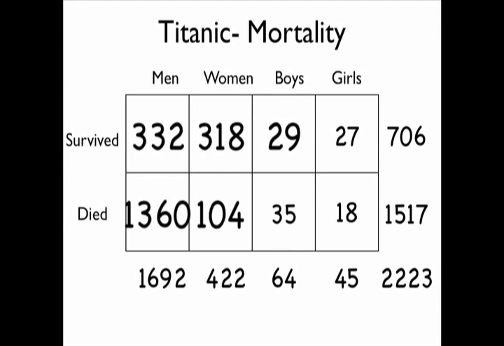The 29 boys who survived, with the 35 boys who died, add up to 64 boys aboard the Titanic. The 27 girls that survived, the 18 that died, add up to 45 girls aboard the Titanic. If you take 1,692 added with 422 and 64 and 45, again, you get 2,223 passengers aboard the Titanic.